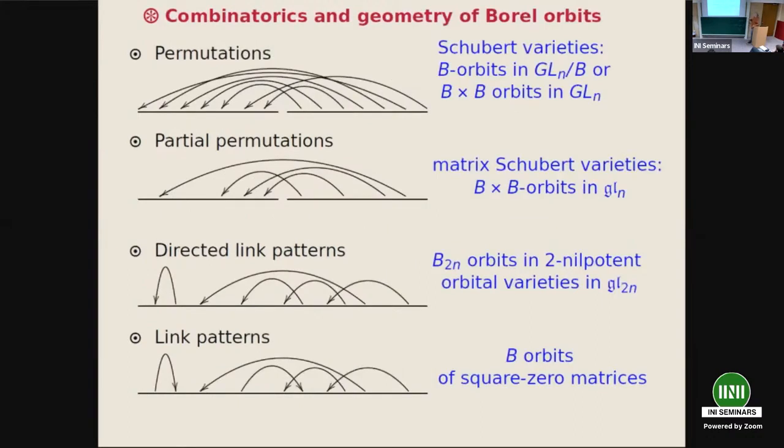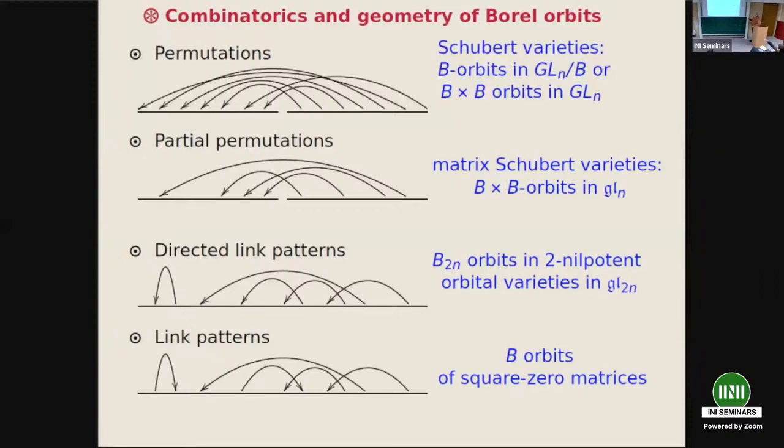As you know, if you take permutations, this is the Weyl group of GL_N or SL_N. And if you take a flag variety, GL_N divided by the Borel, I mean the upper triangular matrices, that's why this direction is chosen.